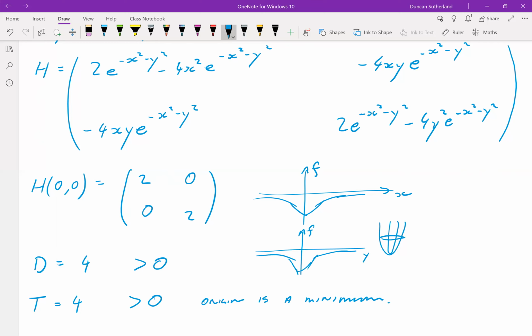So you've got this bell-shaped curve. Because it's negative, it's under the axis, so it's clearly going to be a local minimum. Alrighty, we're done.